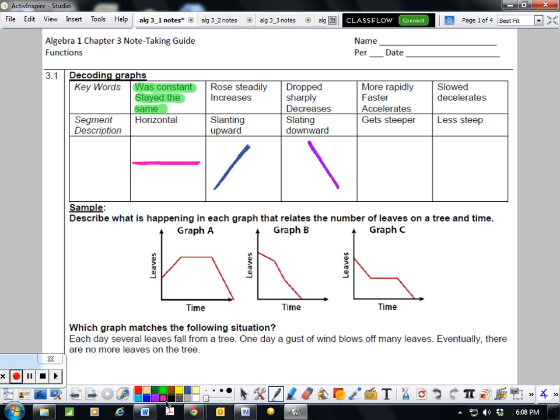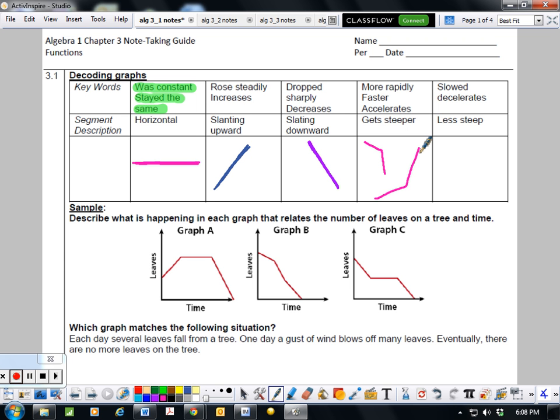So it may start off like this and then rapidly get steeper going down. So this would be the more rapid part. Or going up, it may look like, okay, I'm going up nicely, and then all of a sudden I'm going to increase that, and so it becomes a steeper going up.